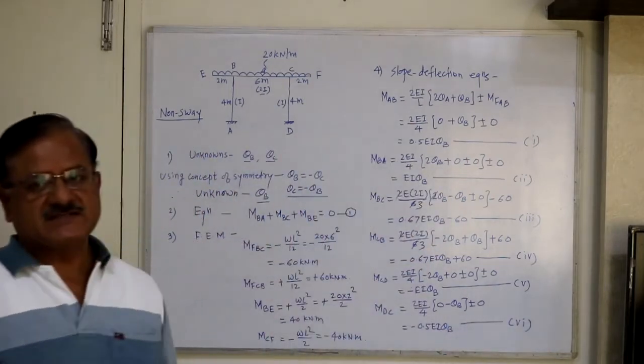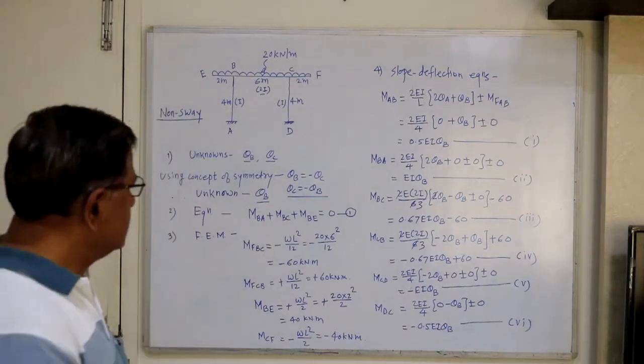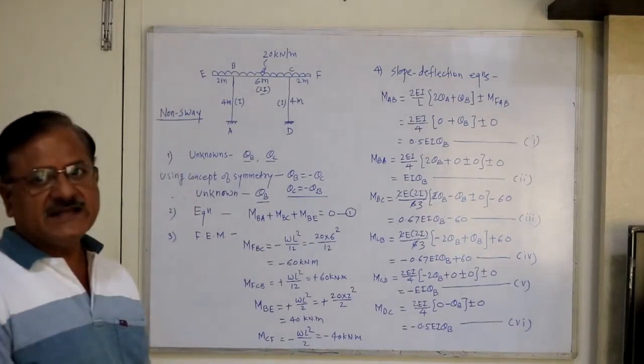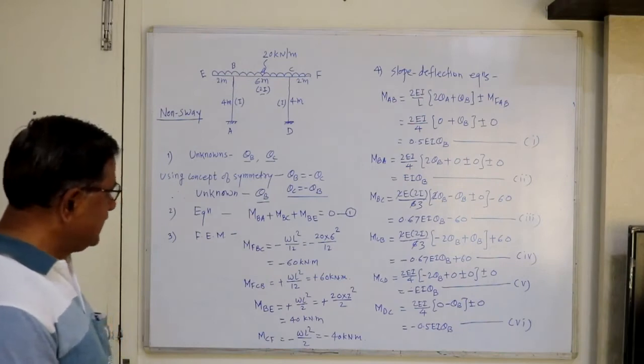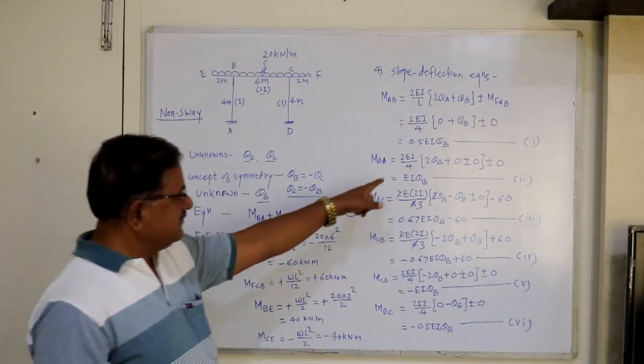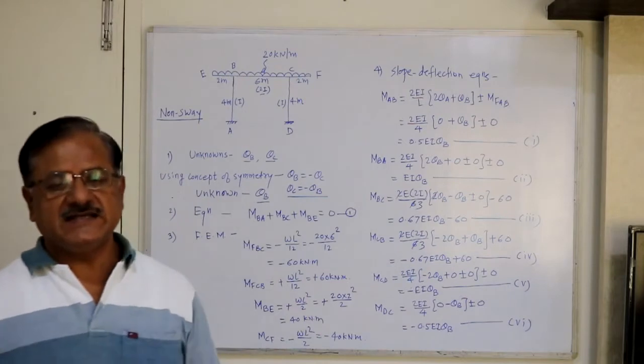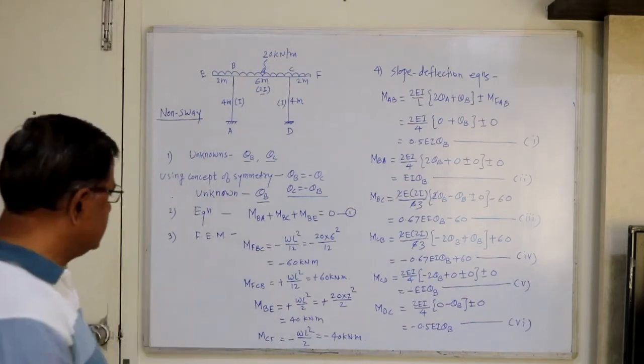So we have developed 6 equations to find out the final end moments at the end of each of the member. So now that means, if we calculate theta B or EI theta B, we will get all these values.